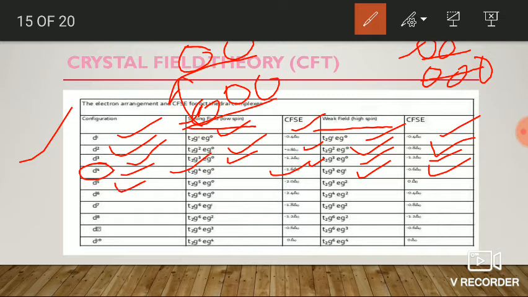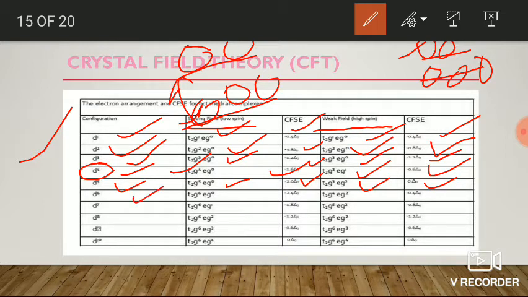In the case of d5, in the strong field pairing takes place, totally 5 into minus 0.4, that is minus 2.0. In the weak field, electrons enter the higher energy Eg level, so minus 1.2 plus 2 into 0.6, that is 1.2, totally 0.